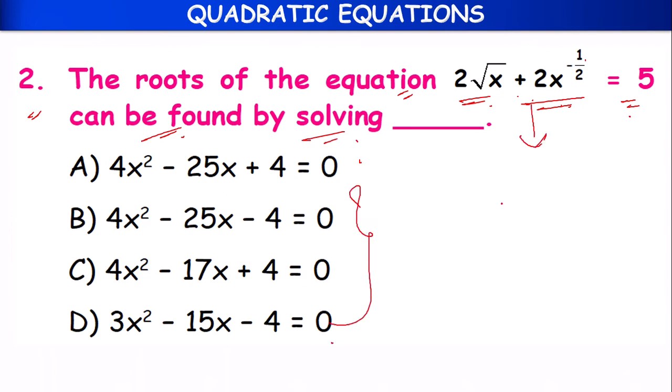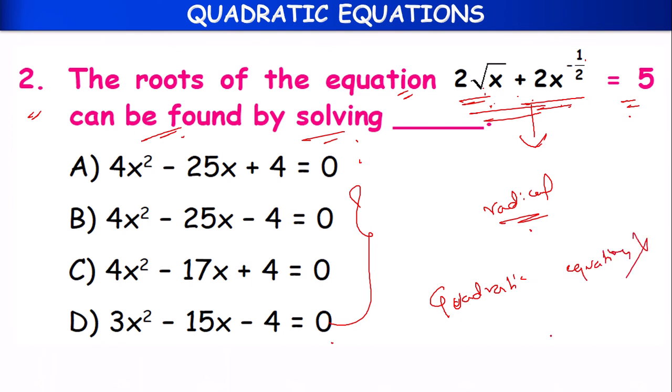In the given equation, we have a radical sign, a square root, with some of the variables under square roots, so it is not directly in quadratic equation form. But we can reduce it to quadratic equation form. If we reduce it, then it will be equal to which of the following? That is our question.